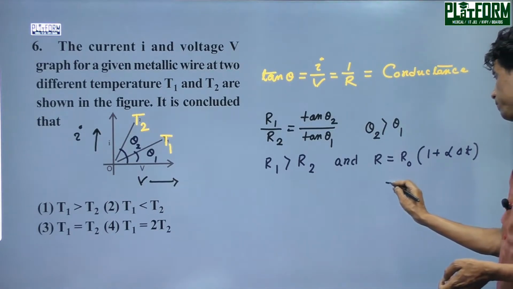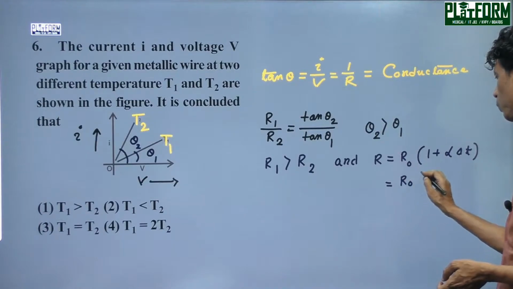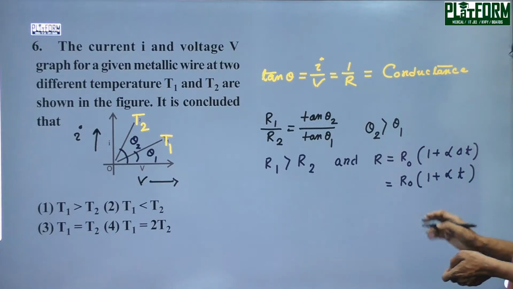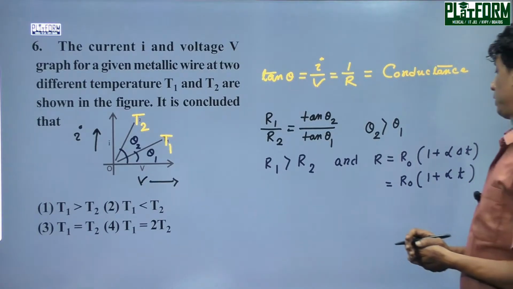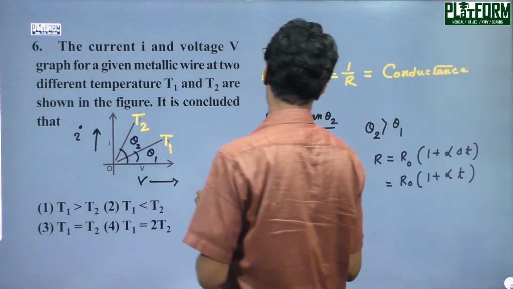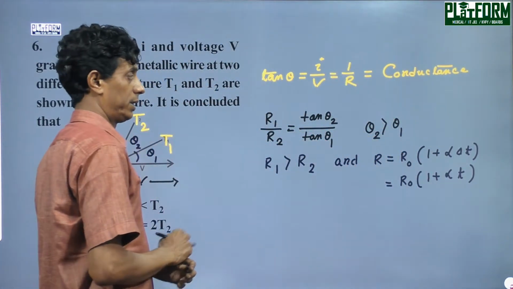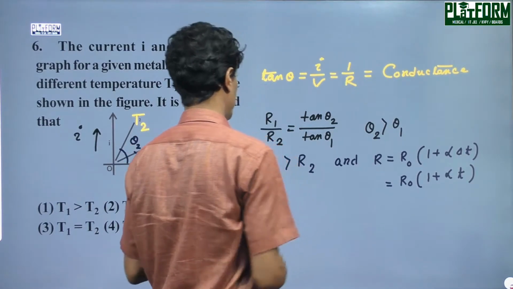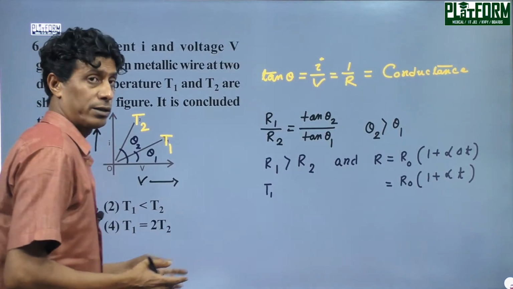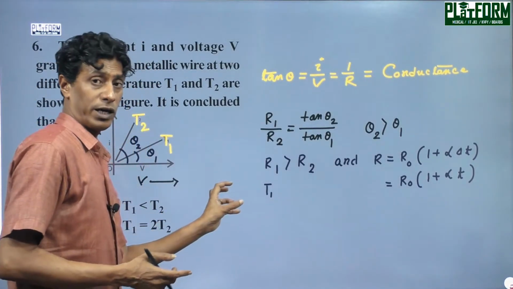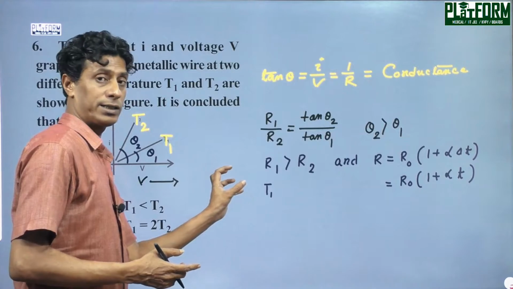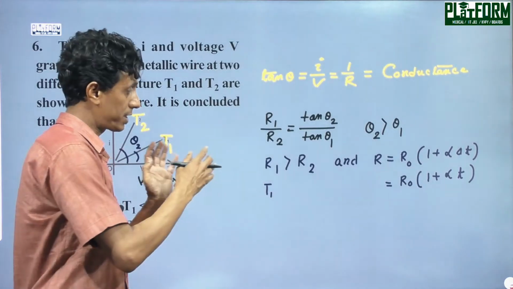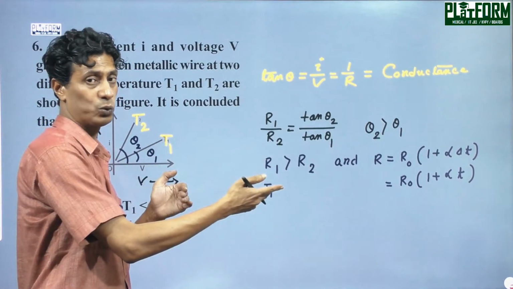And you know, this is R naught into 1 plus alpha T. Since R1 is greater than R2, the temperature of the wire for resistance R1, T1, is greater than T2, because the resistance R1 is greater than R2.